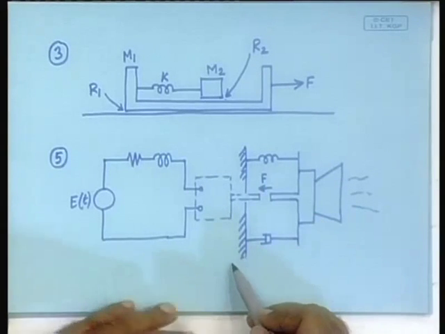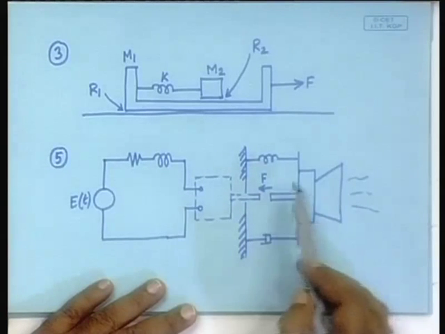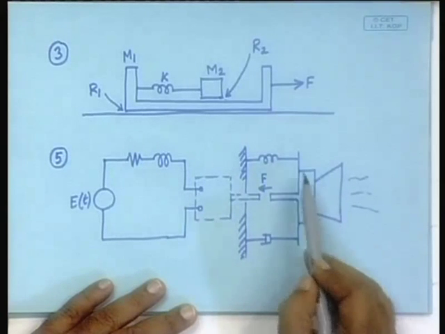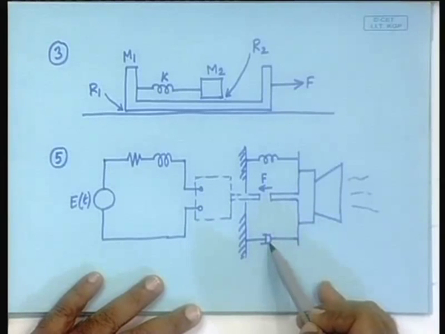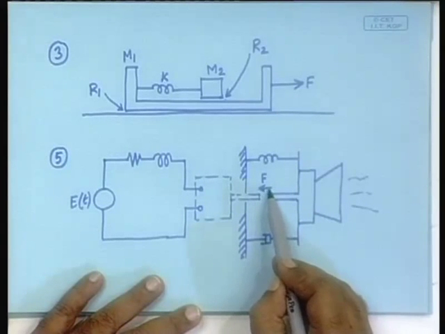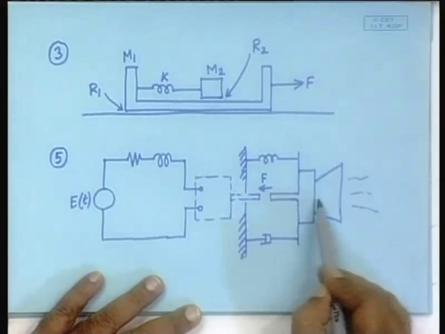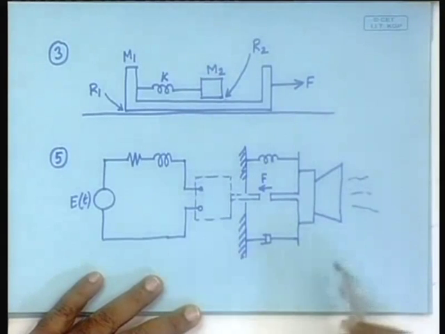So, this is the mechanical ground, and this arrangement is connected to the mechanical ground by means of the spring damper arrangement, and then as this force is applied, it will oscillate, it will vibrate, and that is what is communicated into the air.